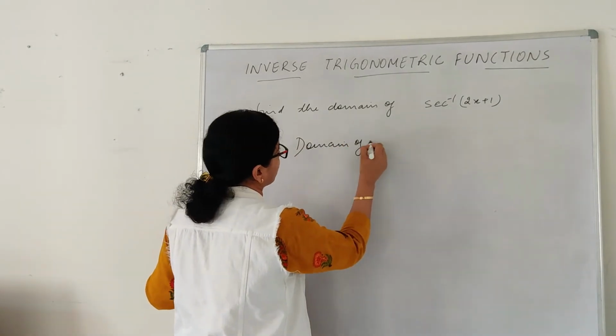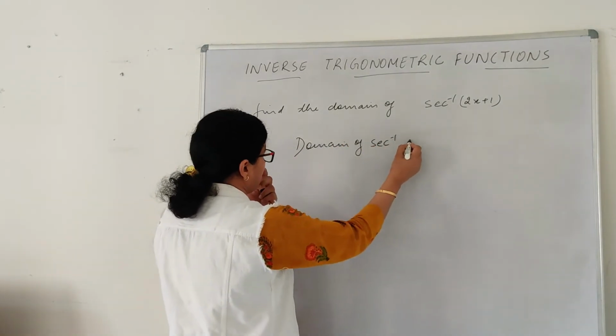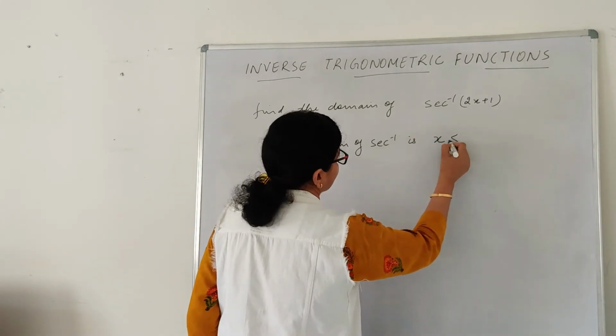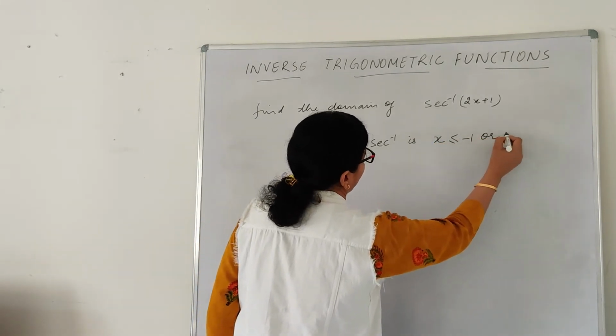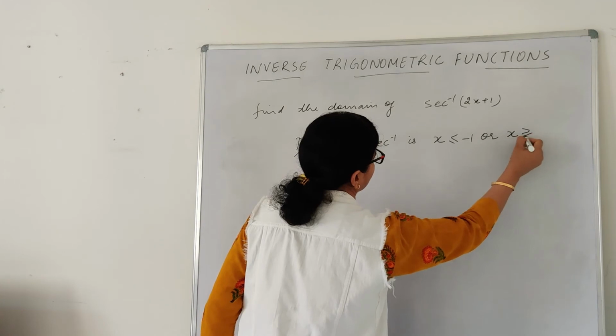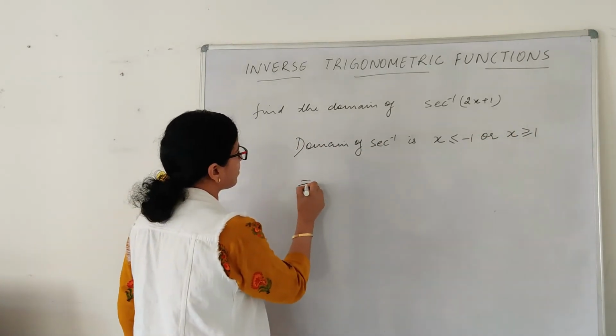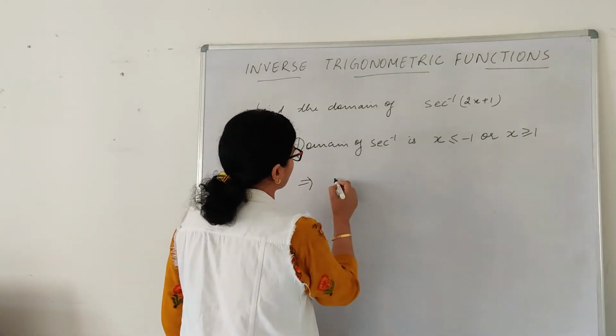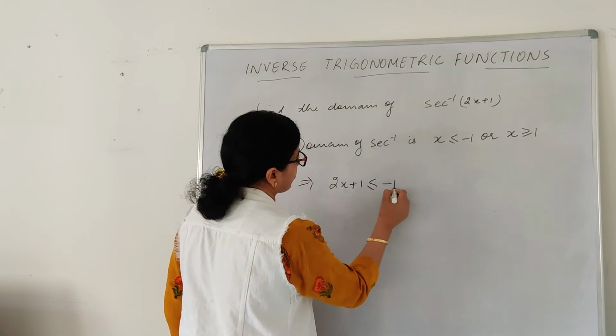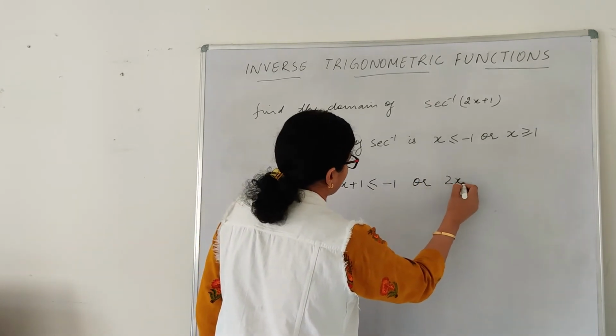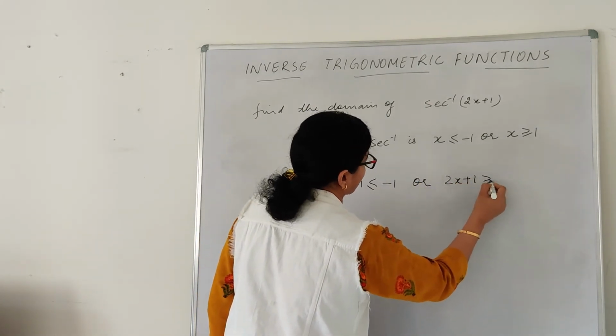The domain of secant inverse is x less than or equal to minus 1 or x greater than or equal to 1. So what does that imply? It means 2x plus 1 should be less than or equal to minus 1, or 2x plus 1 should be greater than or equal to 1.